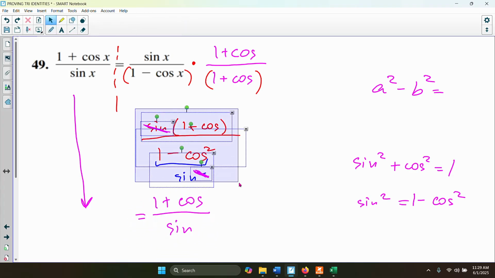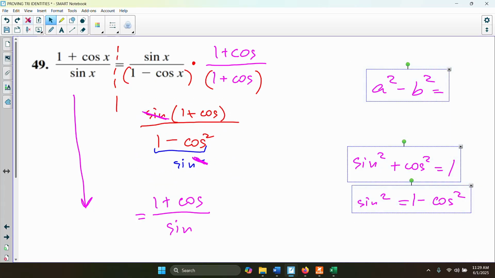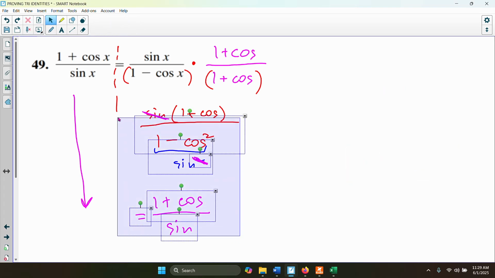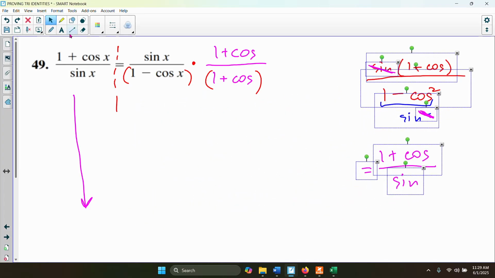Just gonna give myself a little bit more space. I'm gonna erase all this, delete that, and move this over here, right? And I'm gonna show you a different technique.